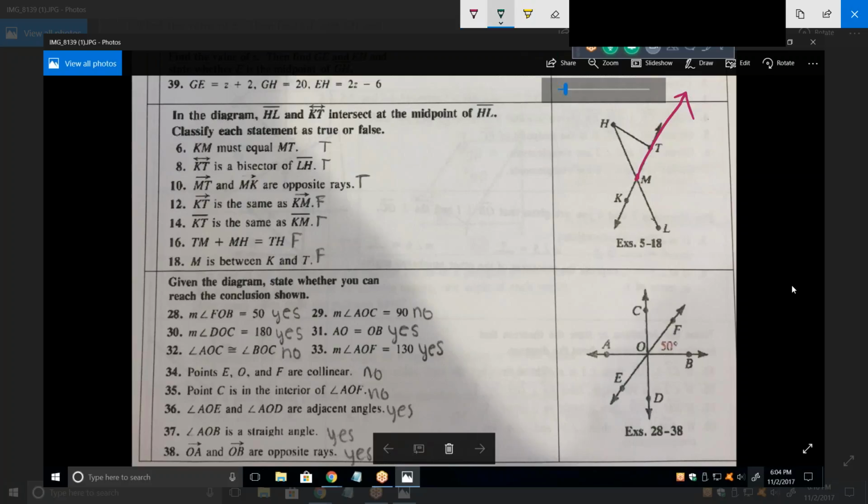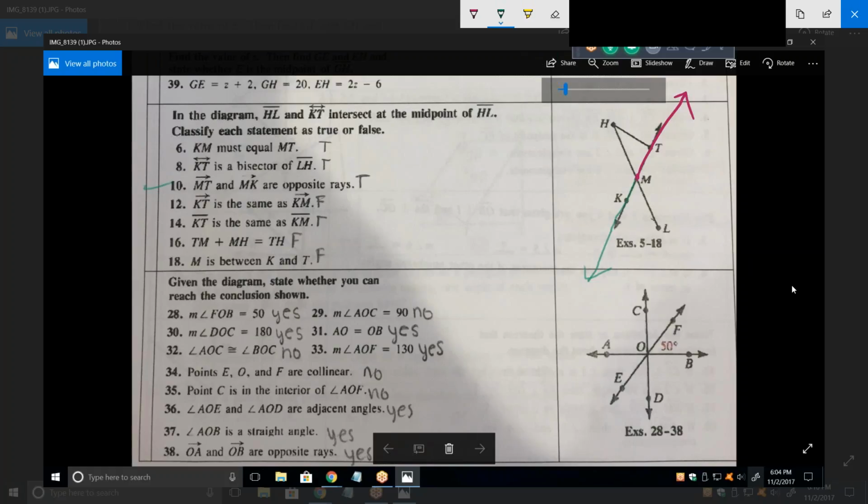In other words, MK starts at M and goes in that direction. MT goes in that direction. Okay, so they're opposite rays.